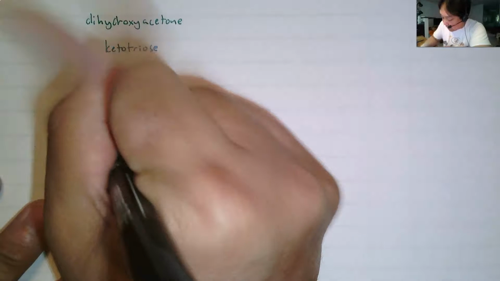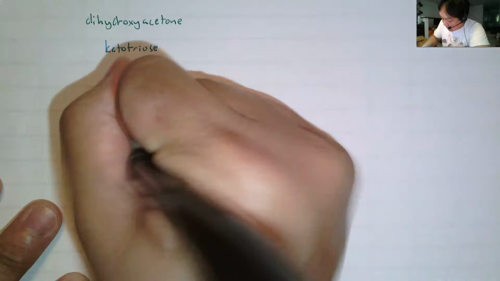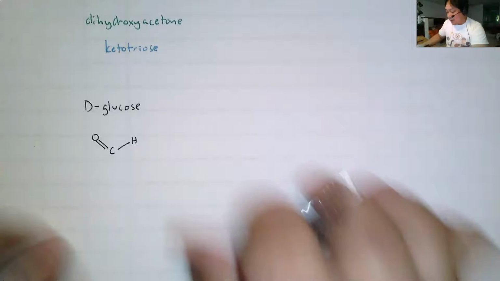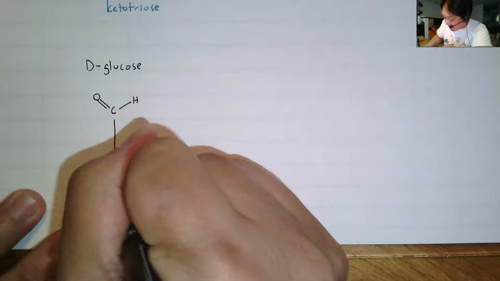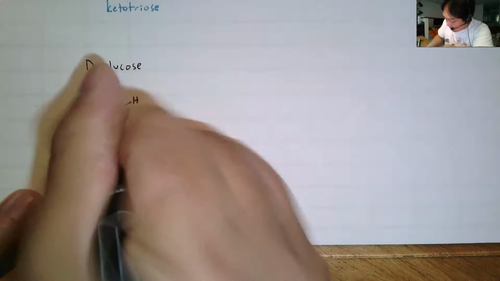Glucose is a 6-carbon molecule, and we have an aldehyde group at the top. I normally don't do this, but I'm going to draw the letter C. There's a reason for that, and you'll see in just a bit. And then we have a pretty long line because we need 4 horizontal lines on glucose.